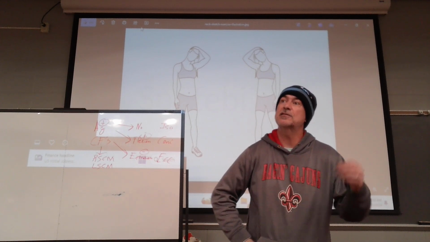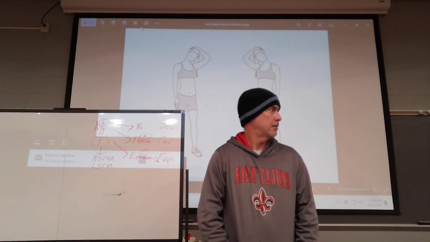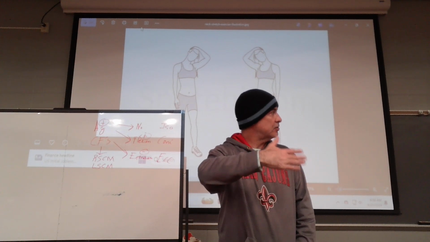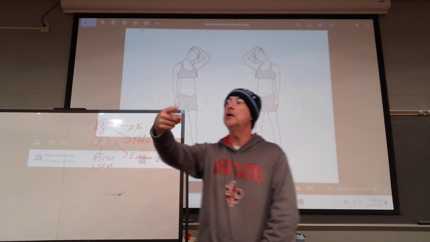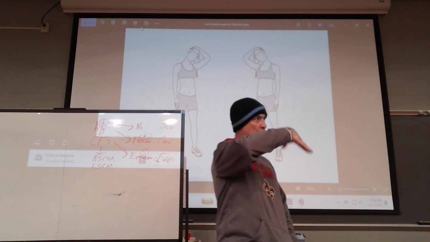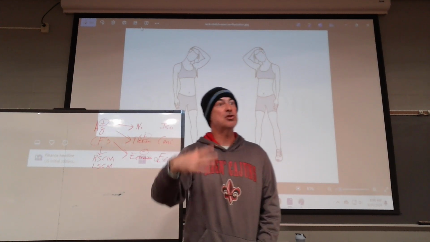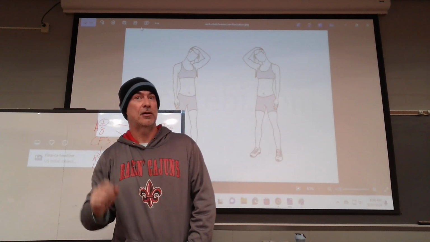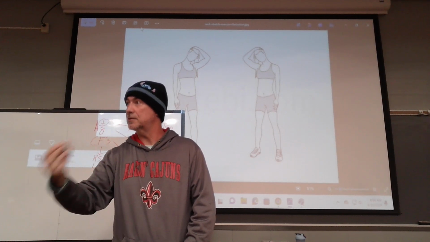We can't play this fast and loose game with the core anymore. When you get to a certain level, we have to know what we're working and how we're working. Sometimes there may be exercises or parts of the rehab where you only want to do concentrics, and sometimes you only want to do eccentrics. You need to be able to know how to set those things up. And that's why we practice this stuff, okay?